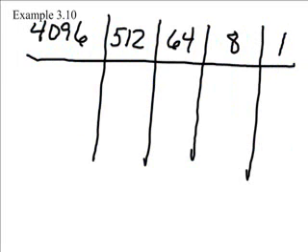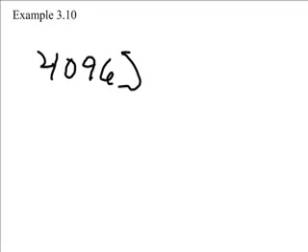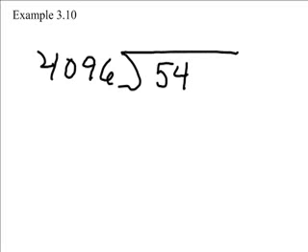So the question is, we have 4,096s. That's where we start. What we want to know is how many times 4,096 goes into the given number, 5,477. Well, this number is only going to go in once.